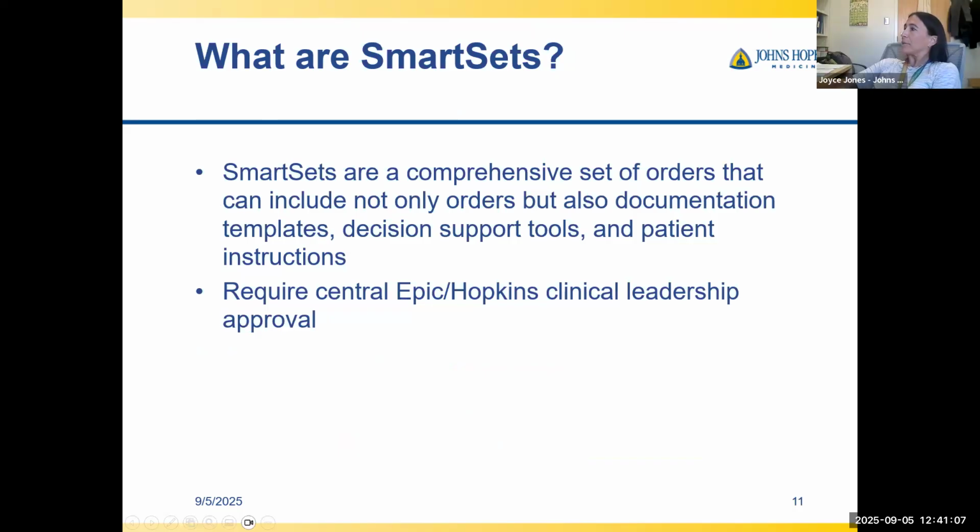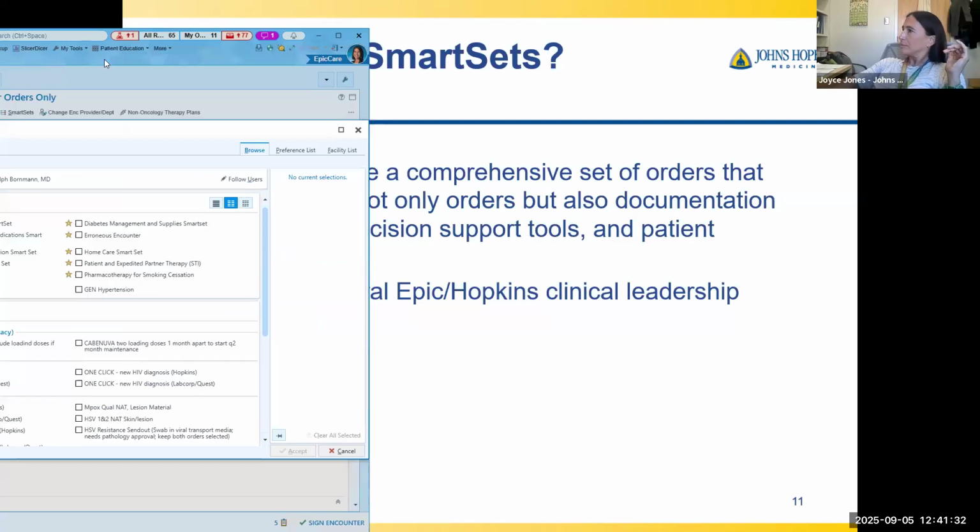Okay, I'm just going to quickly go through smart sets. So smart sets are a comprehensive set of orders that include labs, documentation, decision support tools, and it can have patient instructions. So I'm just going to give you a preview from Randy's preference list.